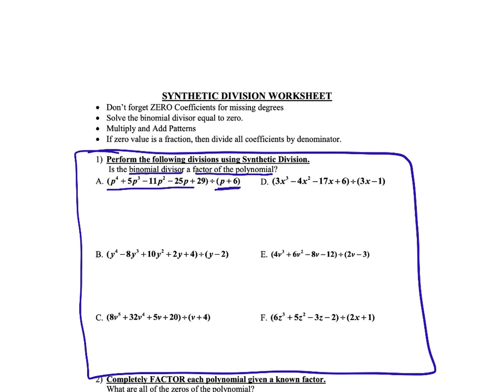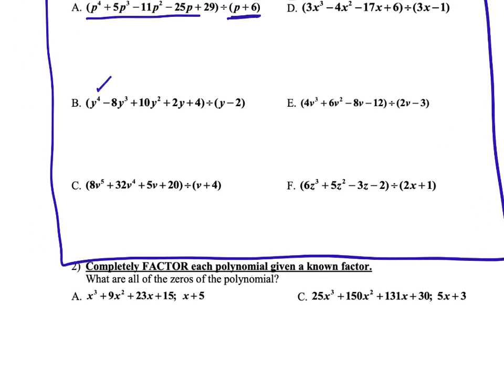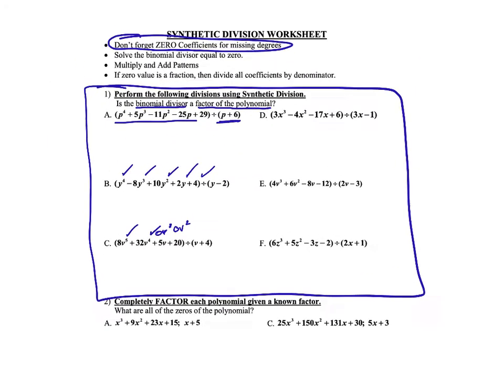Notice it's got a little warning up here. Don't forget 0 coefficients if you're missing some degree term. So 4, 3, 2, 1, none. 5, 4, there's no x cubed or v cubed. There's no v squared. So you're going to have to put zeros in when you do synthetic division. And that is it.